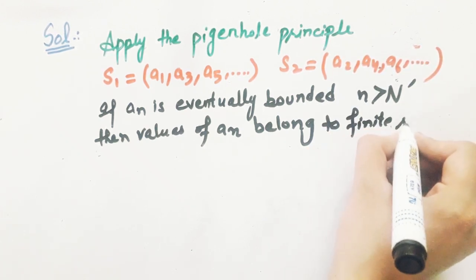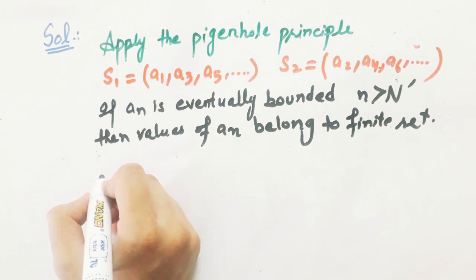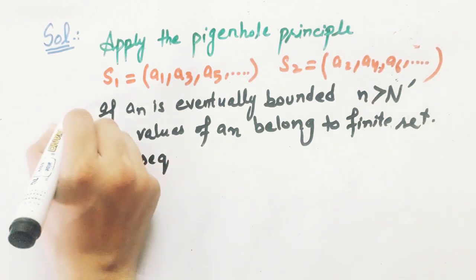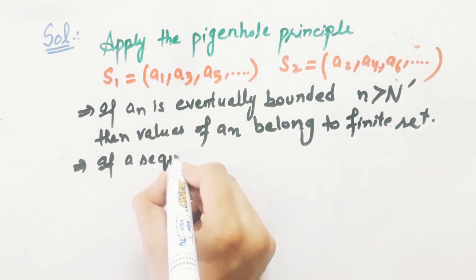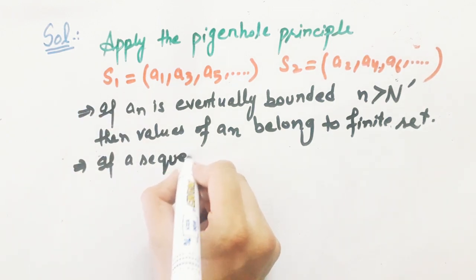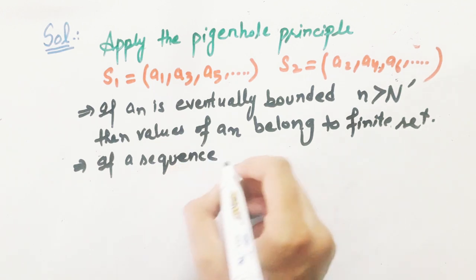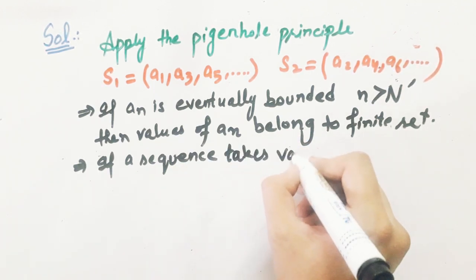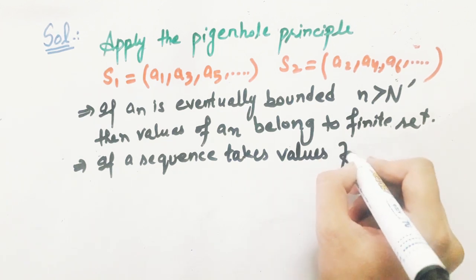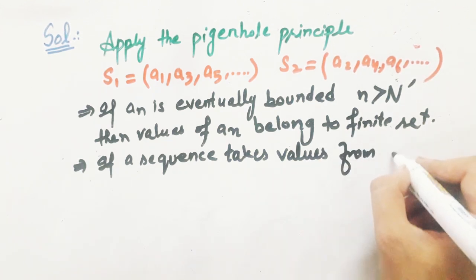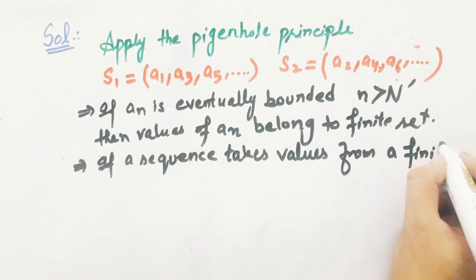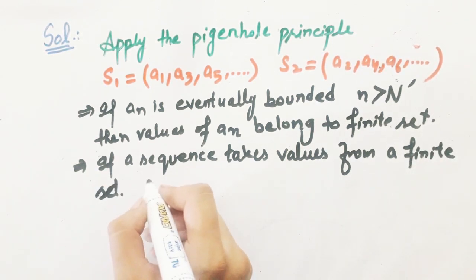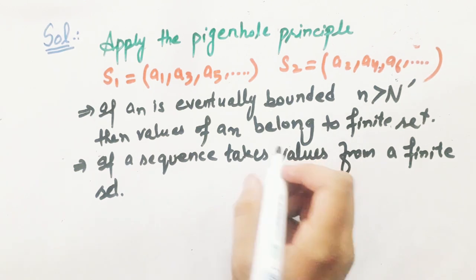The other condition is that if a sequence takes values from a finite set, then the next term is determined by the frequency of the previous term.